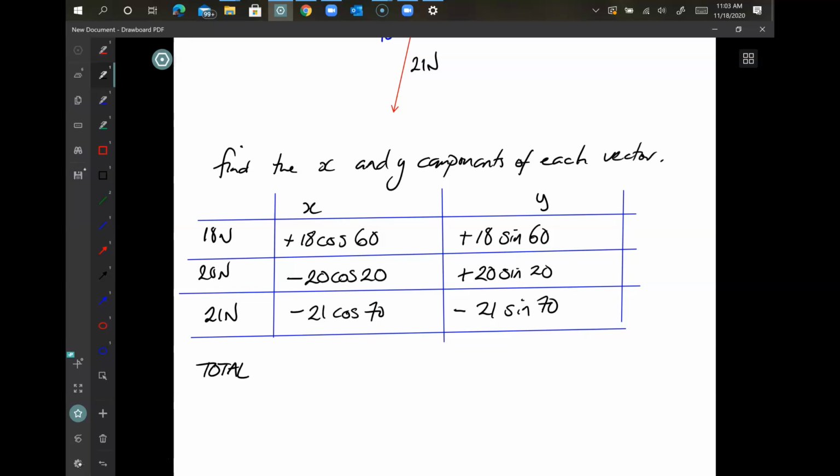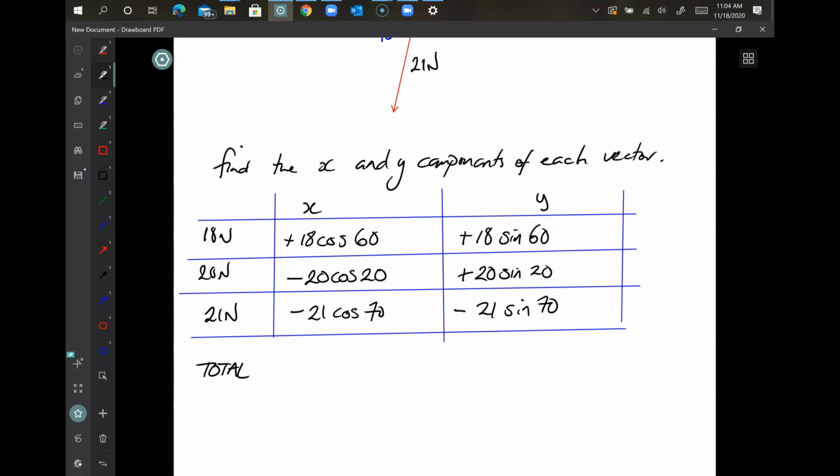So I've got 18 cosine of 60, which is 9, plus the negative of, so that's going to be subtracting 20 times the cosine of 20.